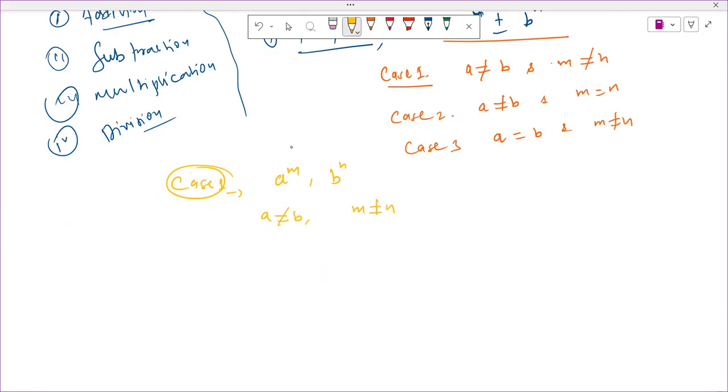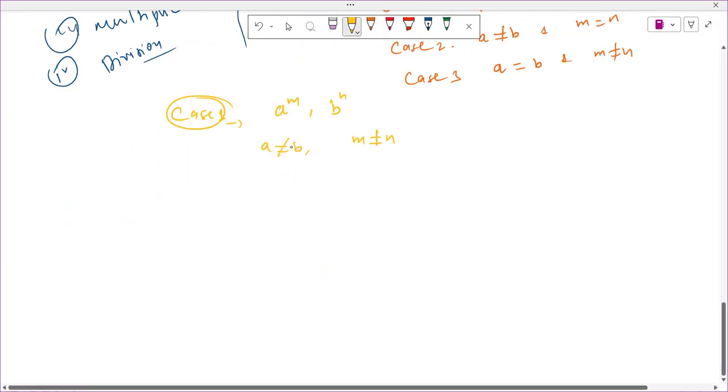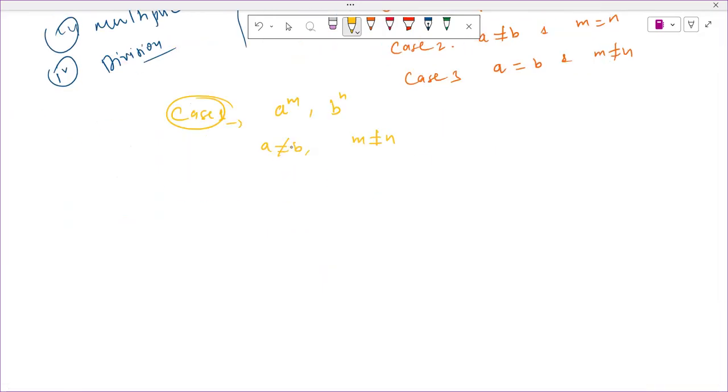How are we going to do addition or subtraction, or any mathematical operation? If we write it as plus or minus, we cannot perform any further steps. It will remain at this point only.